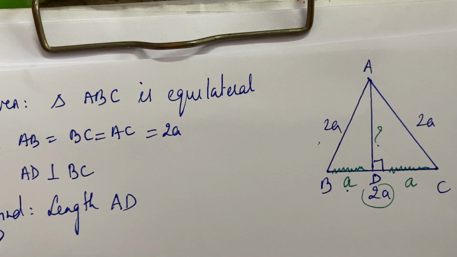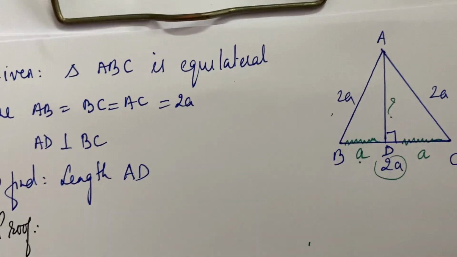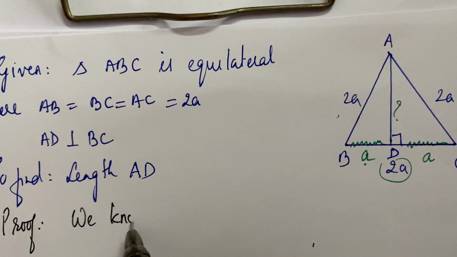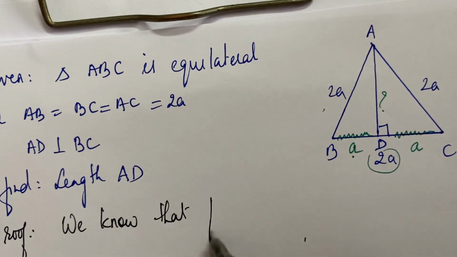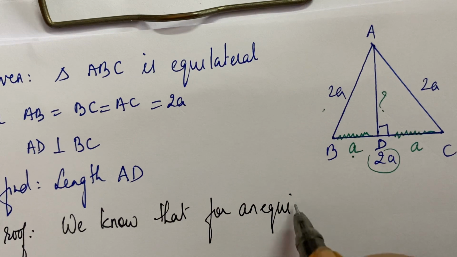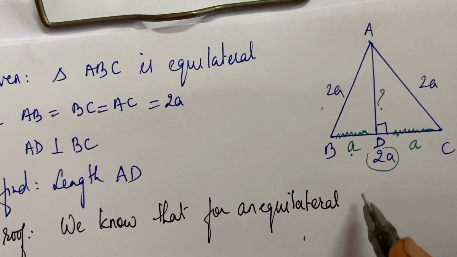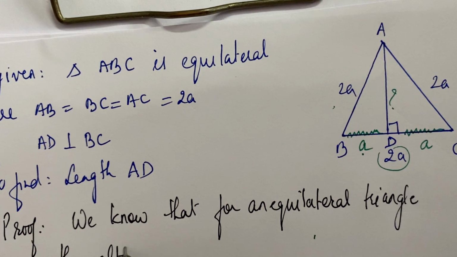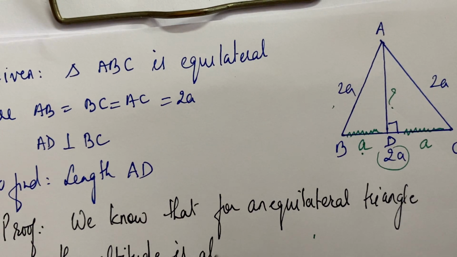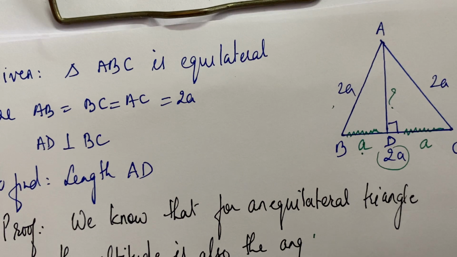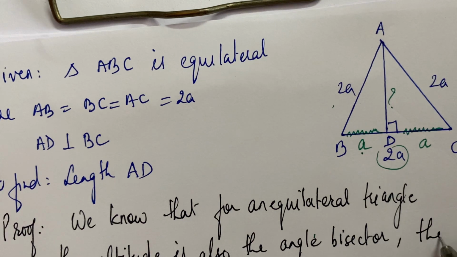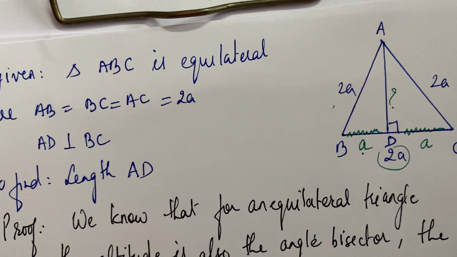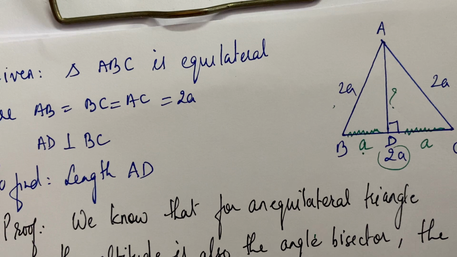We have to write first. We know that for an equilateral triangle, the altitude is also the angle bisector, the perpendicular bisector, the median.